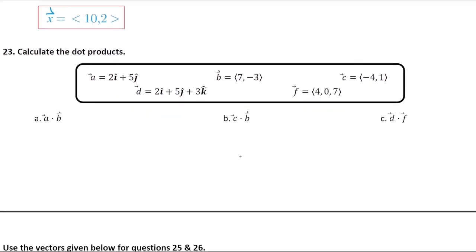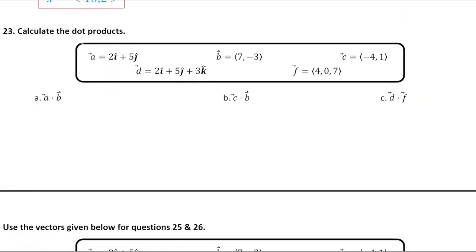Number 23, looks like we're calculating some dot products. So recall that to calculate the dot product, you will multiply the corresponding components and then add those products together. So if I'm going to do a dot b, I'll have 2 comma 5 dot b, which is 7, negative 3.